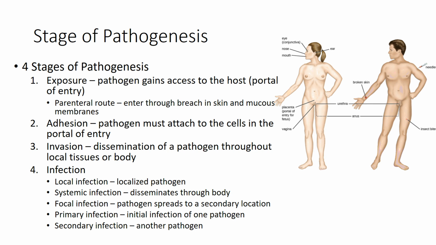This is really common with a lot of our bacterial infections of the heart. They may start out in other places, travel through the blood, and then start a new infection location in the heart. The primary infection is the infection with one pathogen, and then secondary infection is when another pathogen comes along because the body is weakened.